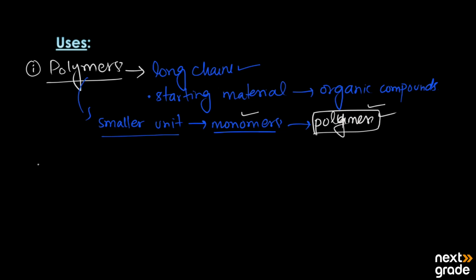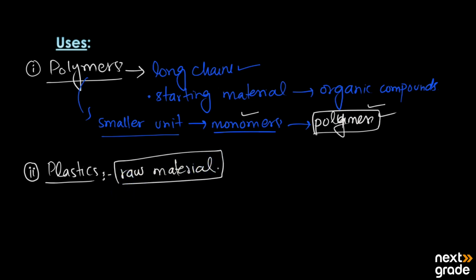Next, hydrocarbons are used for the manufacturing of plastics, as we have a lot of examples of plastic around us. Hydrocarbons are used as raw material for the production of plastics. We have chairs around us made of plastic.